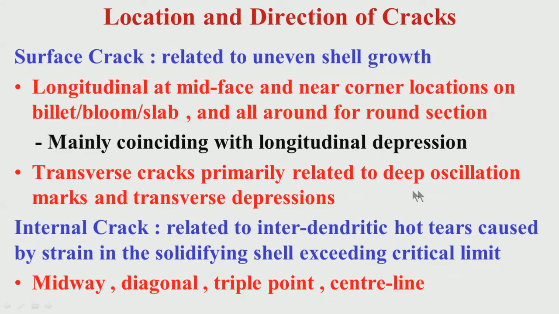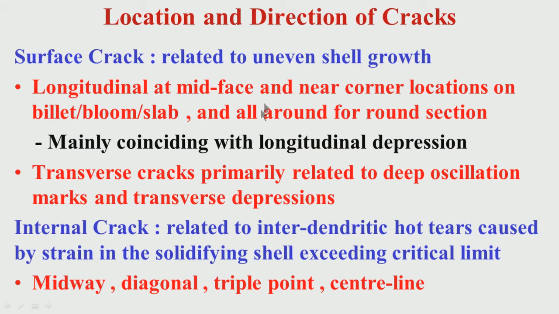Particularly for the depression type of grades, where the tendency will be to have deep oscillation marks, you can control it by manipulating the oscillation characteristics like amplitude and frequency. These are the important issues. So, transverse cracks are primarily located at deep oscillation marks and transverse depressions.